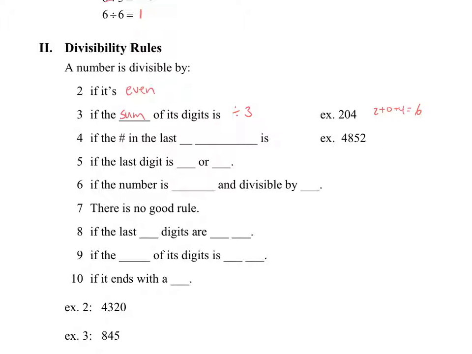If the last 2 digits of a number are divisible by 4, then your number has 4 as a factor. So 4,852, what are the last 2 digits? 52. Is 52 divisible by 4?